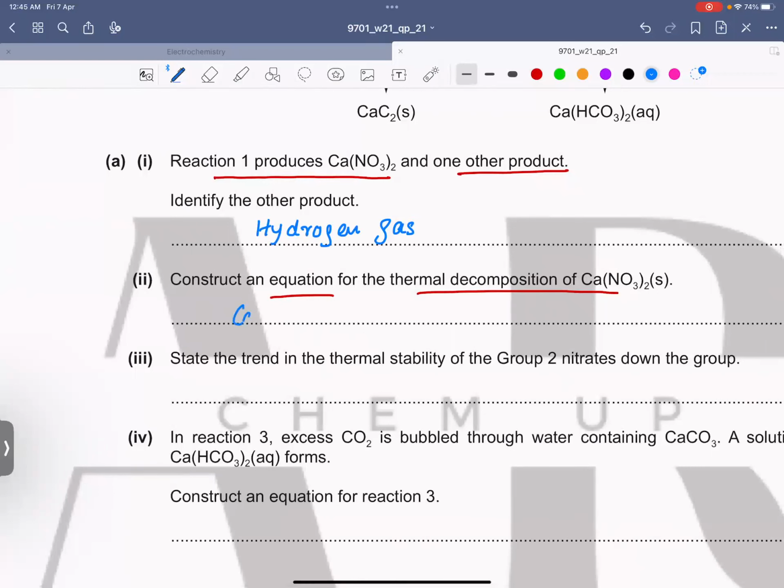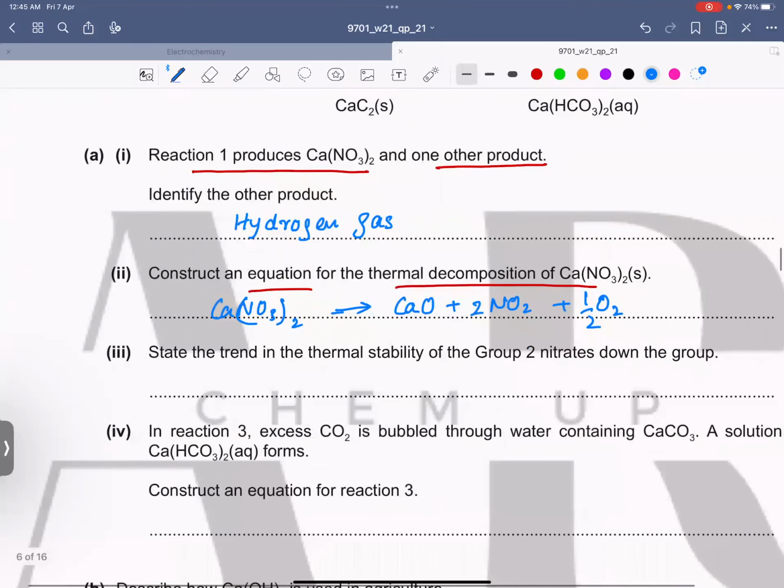When we decompose any group 2 nitrate, on heating it decomposes to give you calcium oxide, then nitrogen dioxide, and then oxygen. To balance the equation, I have to put 2 over here and half over here. Is this clear?